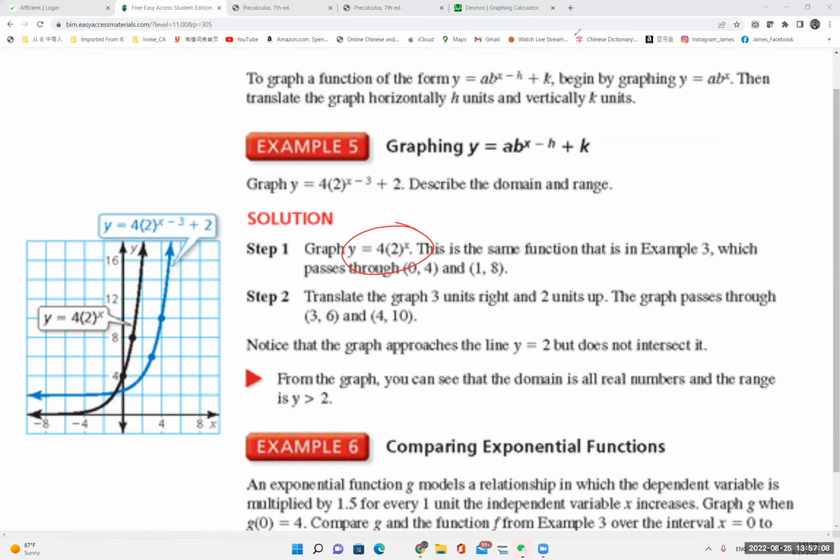For example, it's the black graph here, right? Then if x is replaced by x minus 3, we move the parent function 3 units right. Then if we add 2 here, then we move it up 2 units. So that's the reason it's called 3 units right and 2 units up.